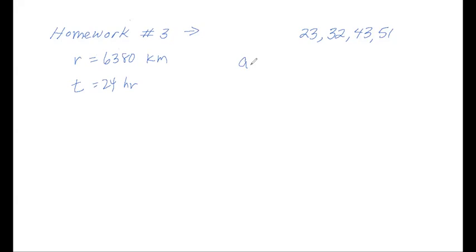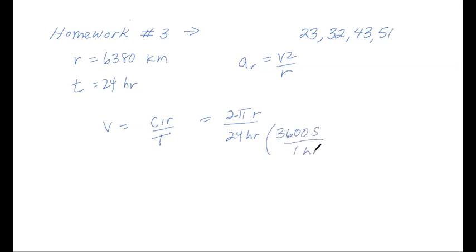Well, the radial or centripetal acceleration is going to equal v squared over r. v is going to equal the circumference divided by the period. This is going to be 2 pi r divided by 24 hours, and I don't like hours, so I'm going to use 3,600 seconds over 1 hour.